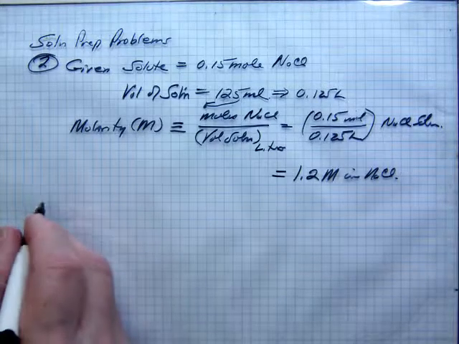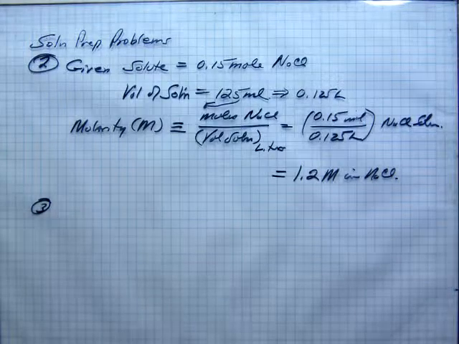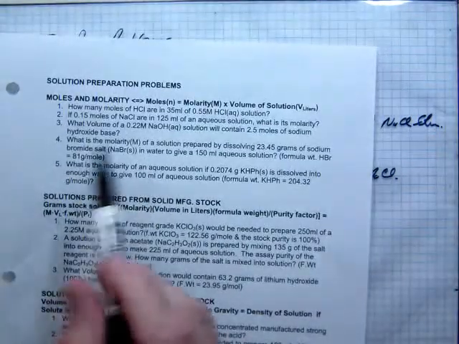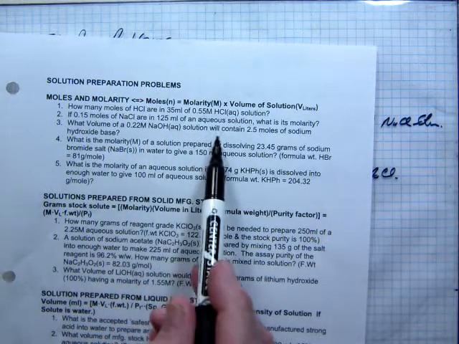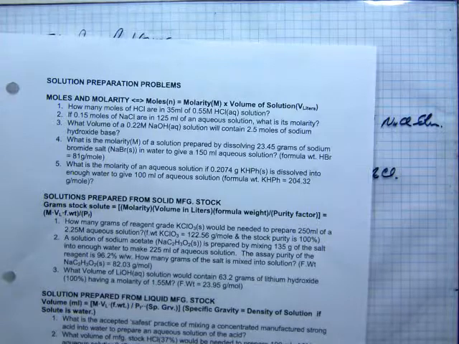Number 3 is asking us here, what volume of 0.22 molar sodium hydroxide solution will contain 2.5 moles of sodium hydroxide base?